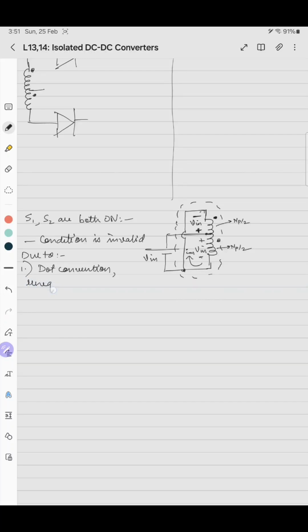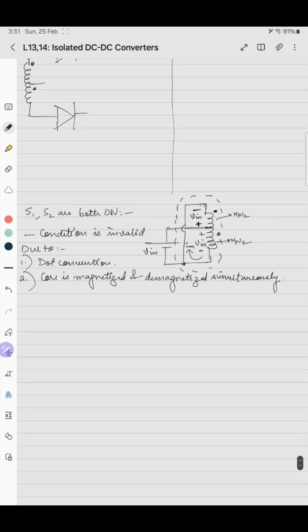Unequal voltages are induced directly due to the dot convention, and the core is magnetized and demagnetized simultaneously. So that's why this condition where both S1 and S2 are on is invalid.